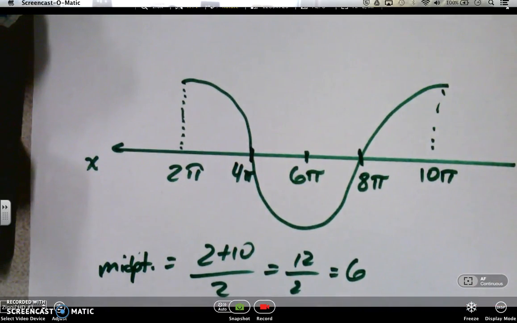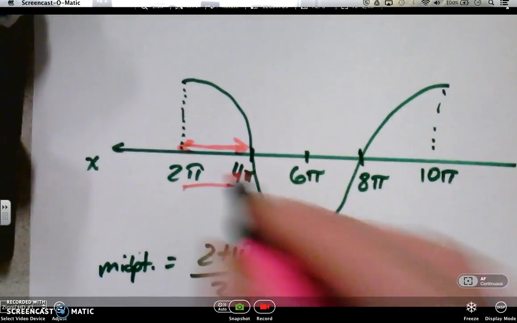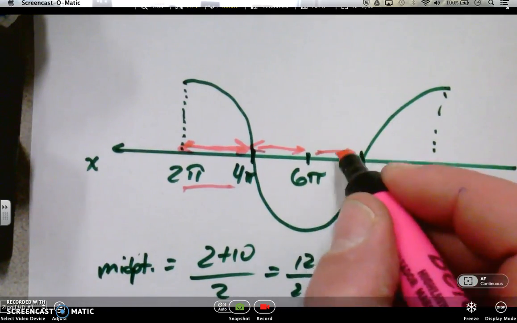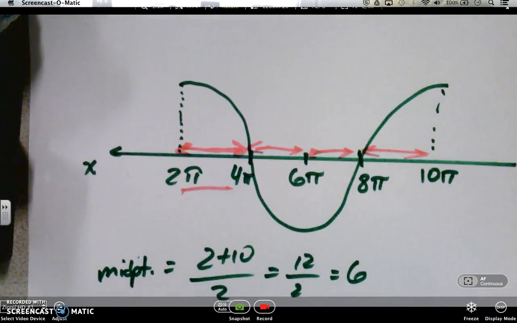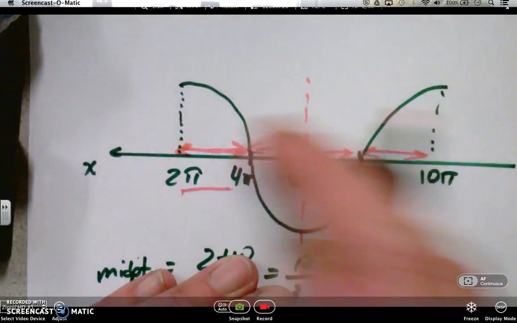One other thing I want to illustrate with this before we wrap it all up. This one's easy to see. The distance from 2 to 4 is 2 pi. The next interval is 2 pi. The next interval is 2 pi. The next interval is 2 pi. That's the symmetry we're talking about. Each one of these, from here to here, has left and right symmetry.